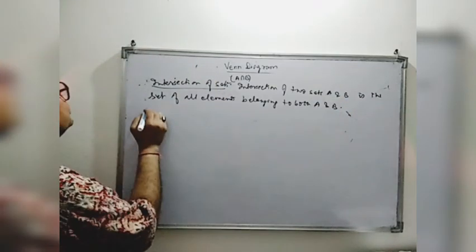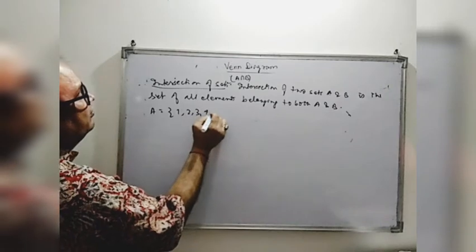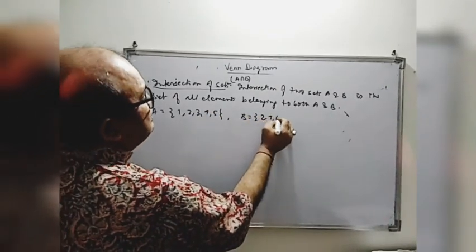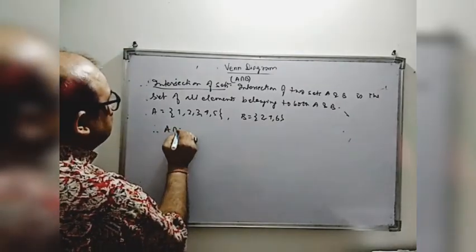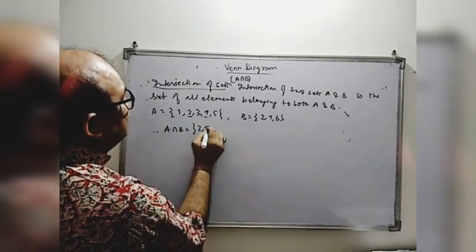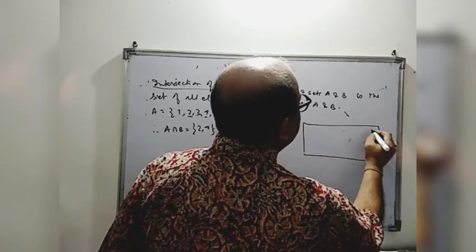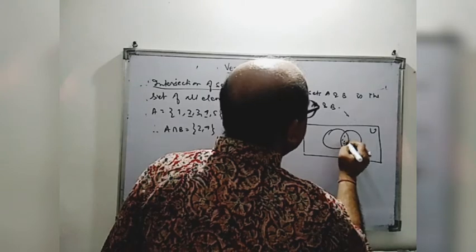Suppose A equal to 1, 2, 3, 4, 5 and B equal to 2, 4, 6. Therefore, A intersection B equals 2 and 4. In a Venn diagram, this is how it is written.